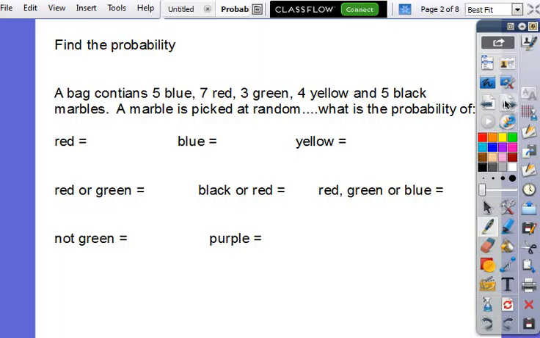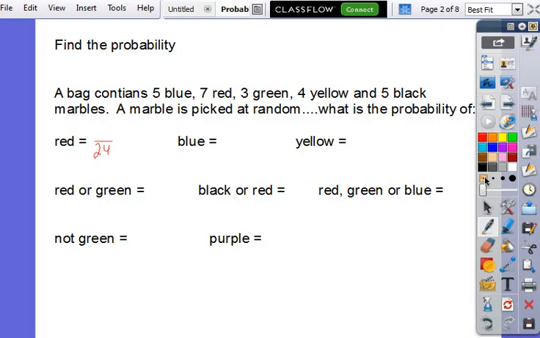There's 5, 7, 3, 4, and 5. So how many is that total? 24. So I've got 24 total choices. That's going to be the denominator for every one of these. Whatever the total number of choices is, that's the total for every problem. So I know right now that I'm going to have a 24 right there.